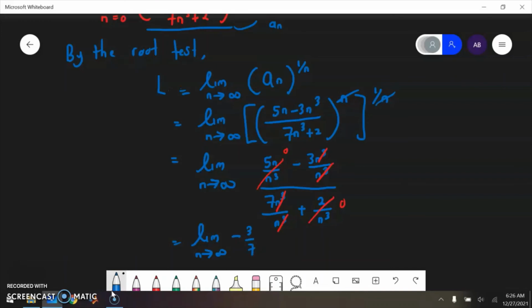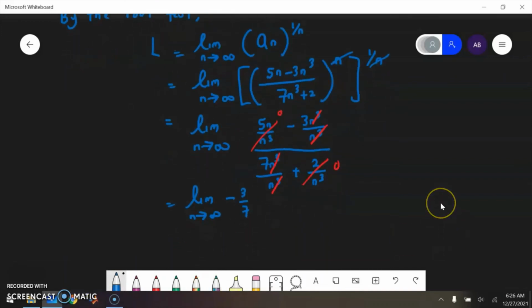I don't have the absolute sign, right? I don't have the limit as well. So this is my L: negative 3 over 7, which is less than 1. My L is less than 1, so I can say that the series is convergent.